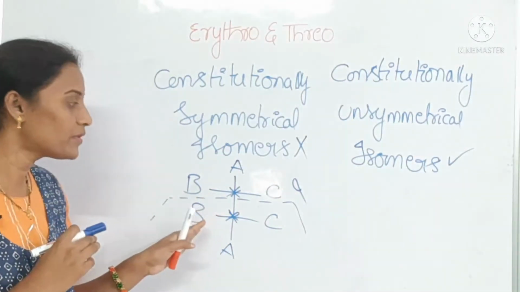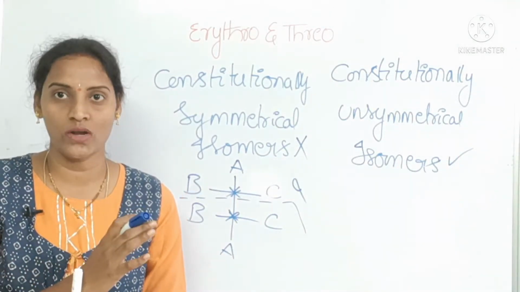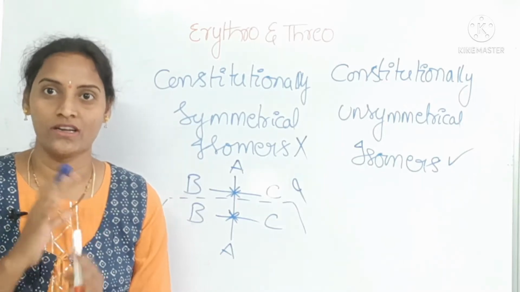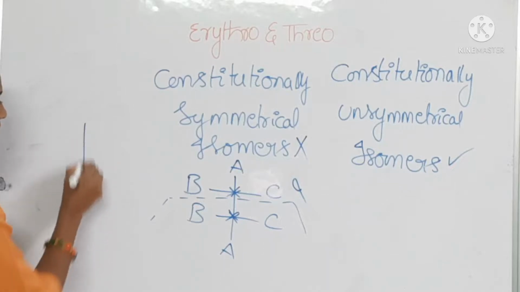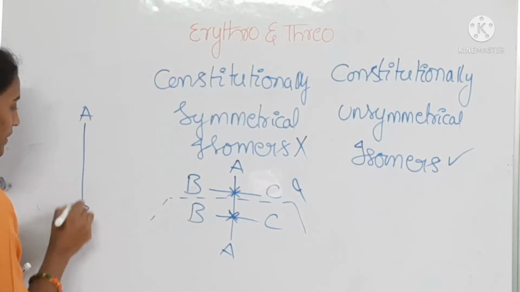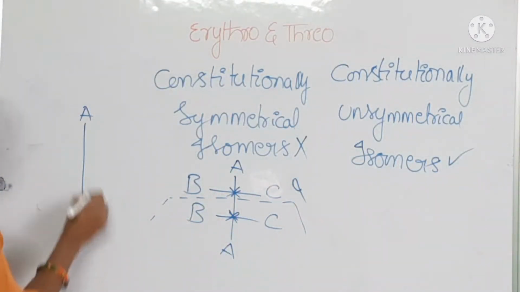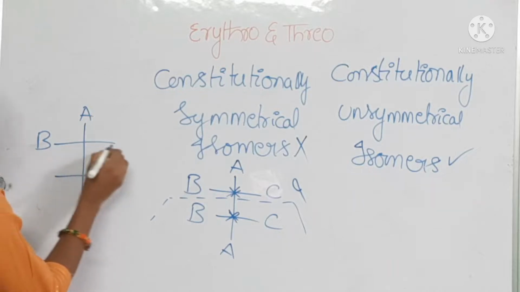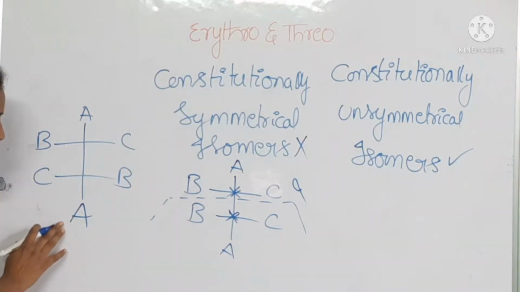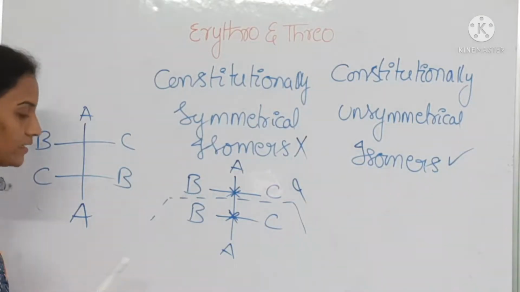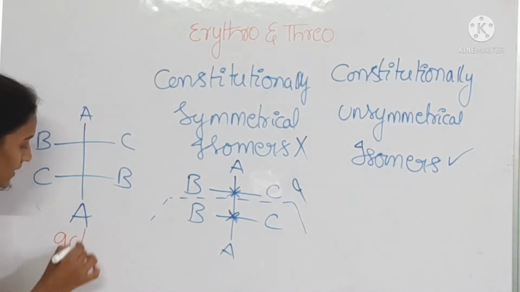For this type of arrangement, we can't assign whether this is an erythro isomer or a threo isomer. In the same way, you can see here, students, this is A, B, this one is also A, B, C, B. Here there is no plane of symmetry in this molecule, but here we can decide it is an active compound.